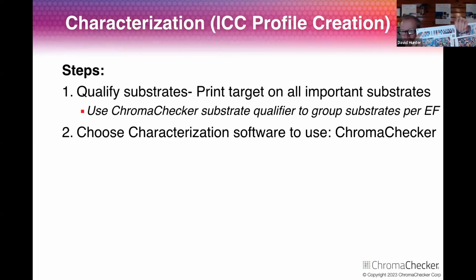So P2P is about 4 times the amount of patches, but we can generate a G7 curve from this target in seconds, right from Capture. And now in Capture, if you measure an appropriate target with an appropriate number of patches, Capture can actually build an ICC profile for the operator on the fly.